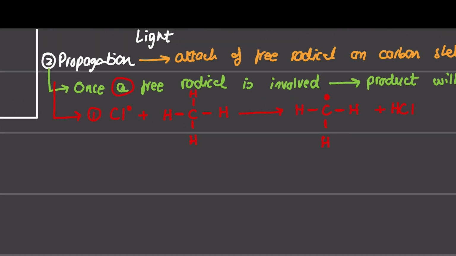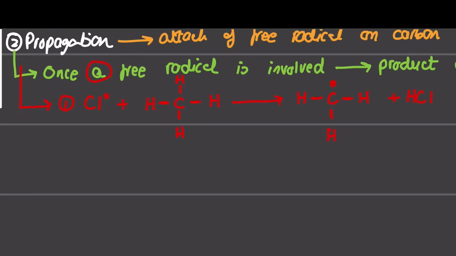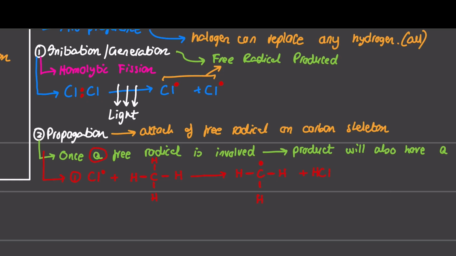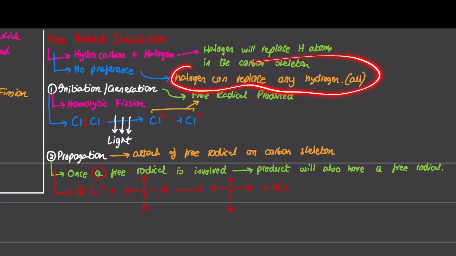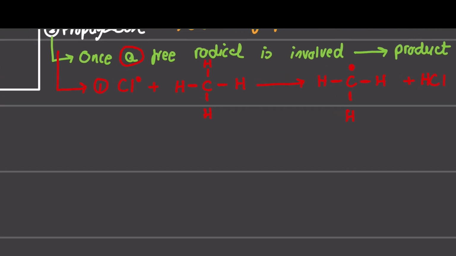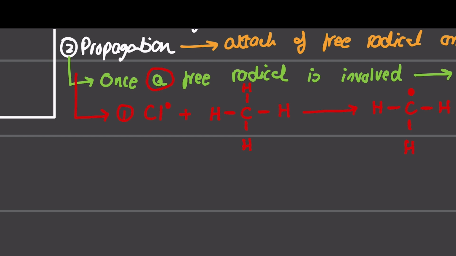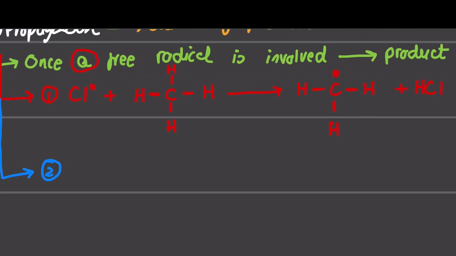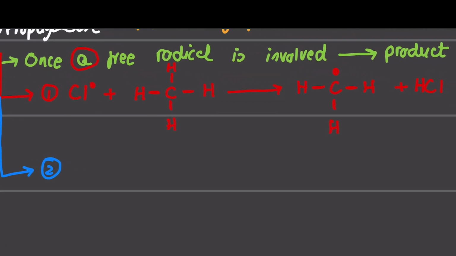Now your question is, this doesn't make sense, because you told me that halogen can replace any hydrogen. Let's go to that. This was actually the first step of propagation. Let's use a different color and go to the second step now. In the second step, this free radical that we've created, let's quickly write it down.